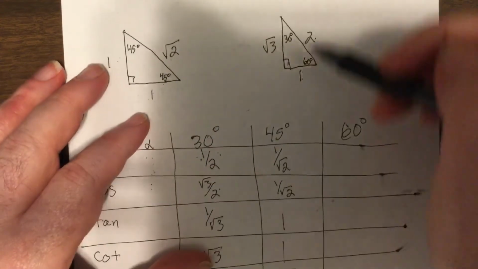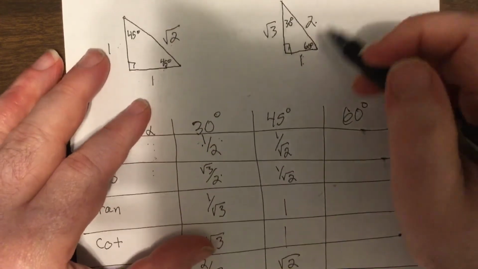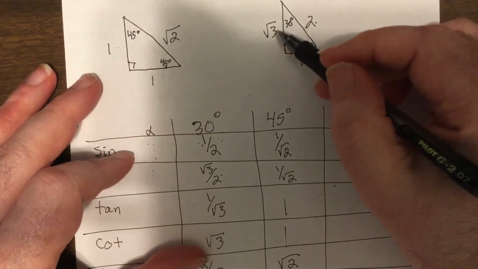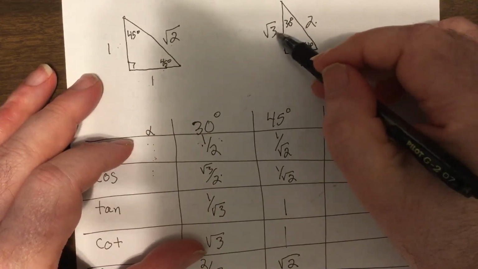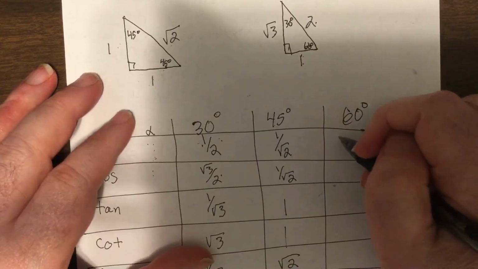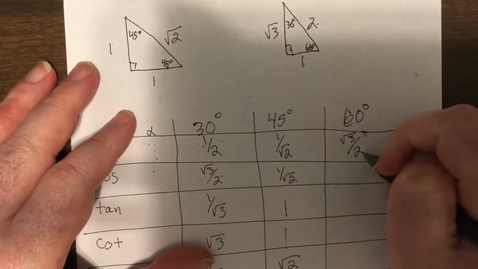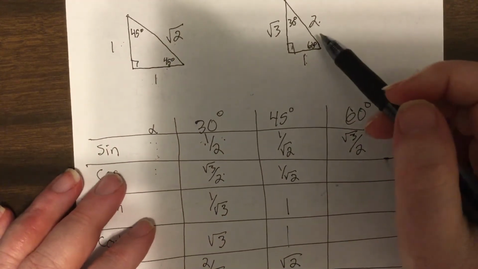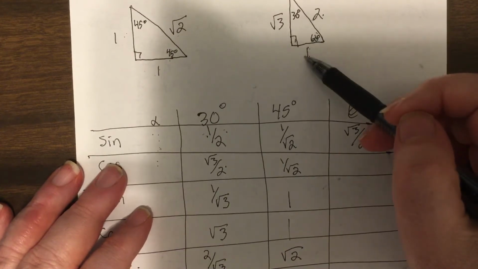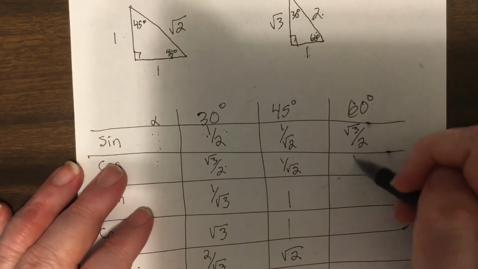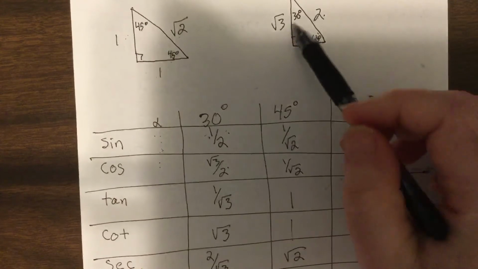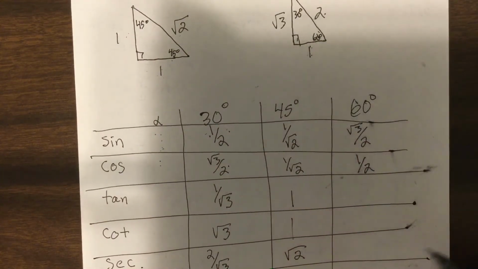Now, 60, back to this triangle. Sine is opposite over hypotenuse. Cosine is adjacent over hypotenuse, so it's 1/2. Now again, don't memorize the triangles. I'm just showing you where they come from.